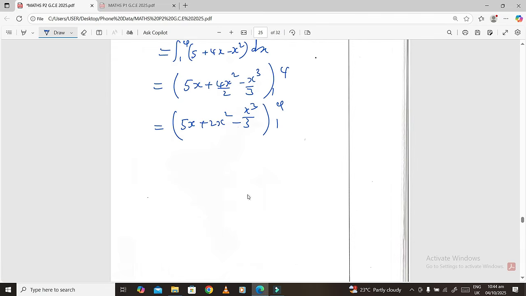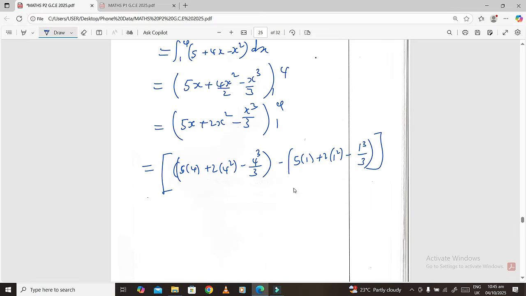So substituting here, we shall say square bracket 5, multiplied by 4 plus 2 times 4 squared, minus 4 power 3 over 3, close, minus 5 times 1 plus 2 times 1 squared, minus 1 power 3 over 3, and then close.